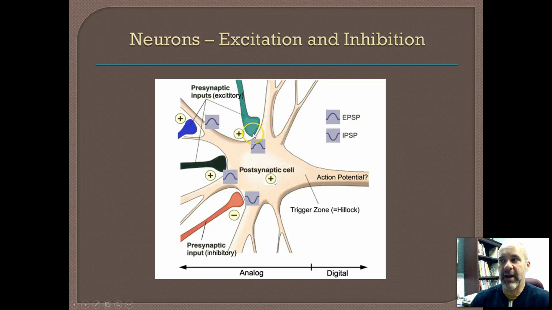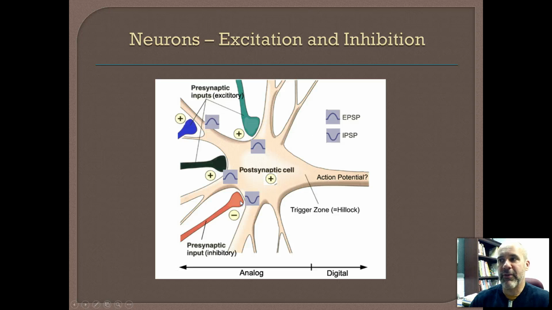And so we talked about how an individual neuron may be receiving information from multiple other neurons. And that's what they're showing you here. Like, this is supposed to be the synaptic knob of one neuron. Here's another one, here's another one, and here's another one.